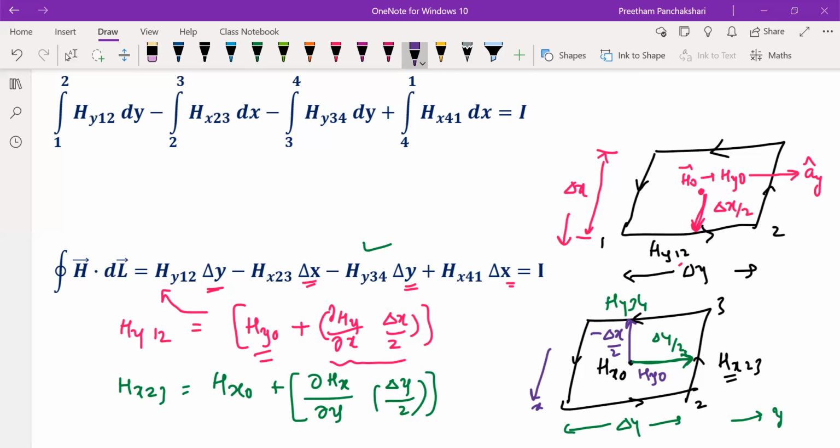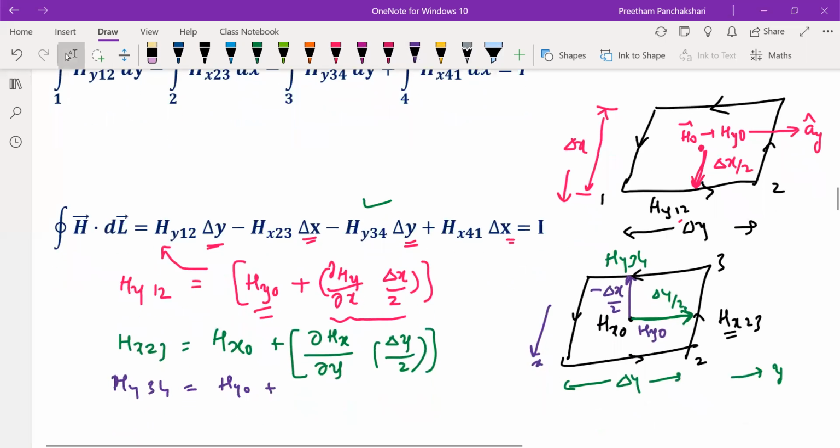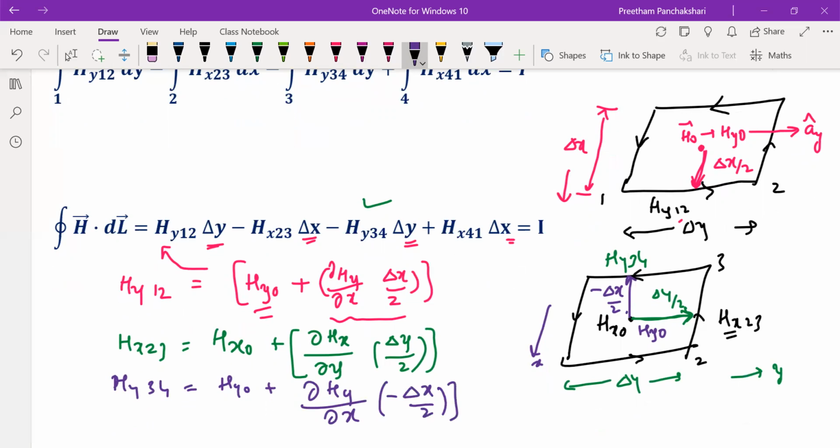So another equation in the same way, for Hy34, will be Hy0 plus dou Hy by dou x. The change happens in the x direction, but negative, so we have to introduce a negative sign there.